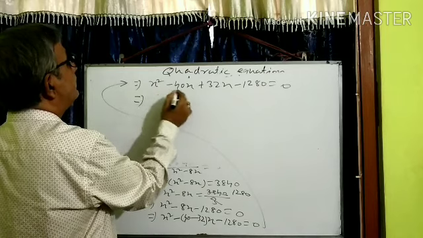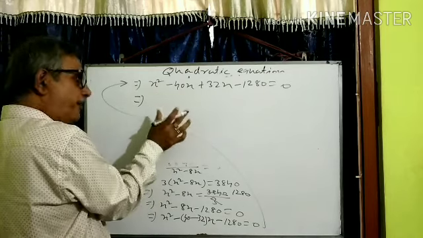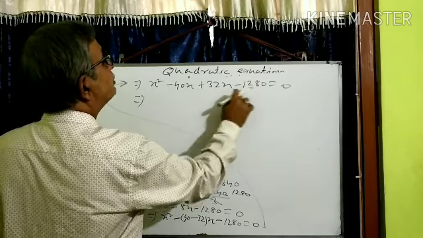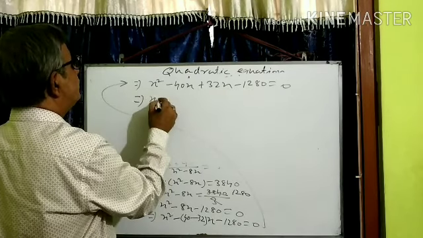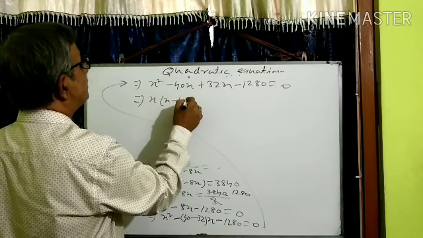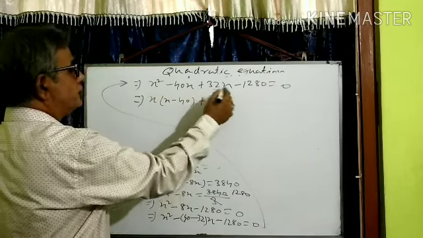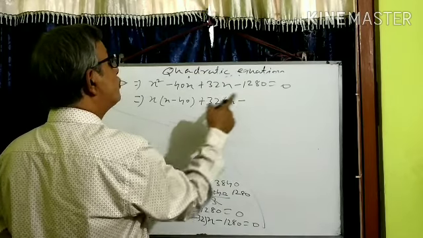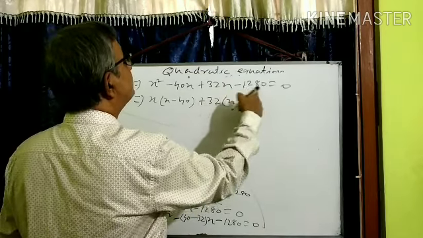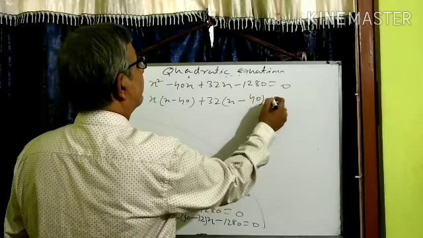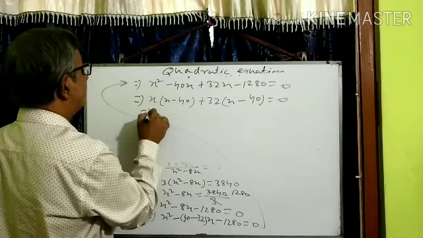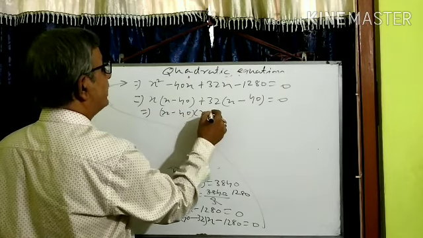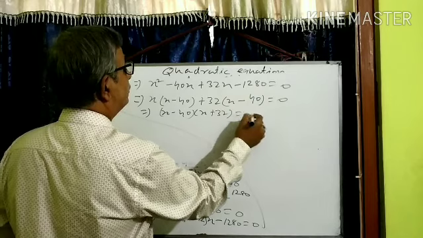Make pairs: the first two, one pair, the second two, another pair. Take x common, so x minus 40. Take 32 common, then x minus 40 remains. Now x minus 40 into x plus 32 is equal to 0.